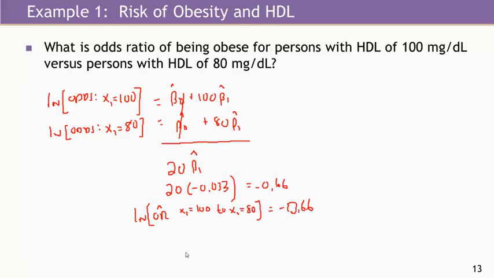If we exponentiate this, we get the odds ratio estimate, which turns out to be about 0.51. So you see that a 3% decrease per unit compounds pretty quickly. The resulting odds ratio for those at 100 compared to those at 80 milligrams per deciliter is 0.51, or those at 100 milligrams per deciliter have 49% lower odds.